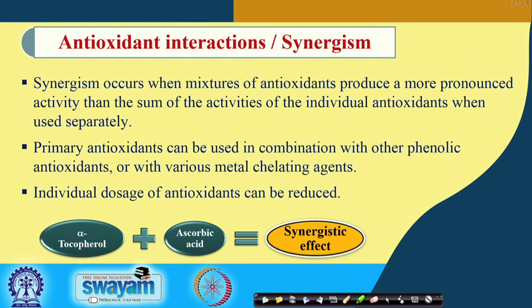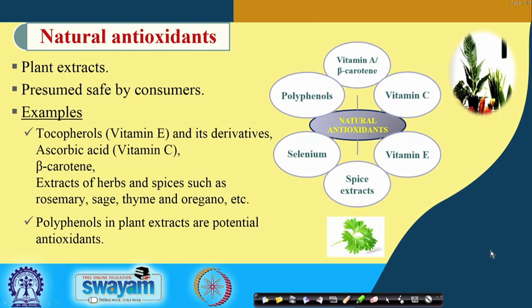It is advisable to have 0.01% plus 0.01% of two antioxidants rather than 0.02% concentration of one single antioxidant. So, the use of antioxidants together provides a better effect as far as shelf life extension and other properties are concerned.